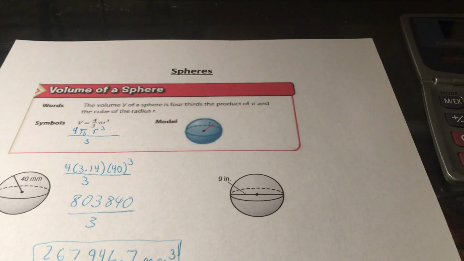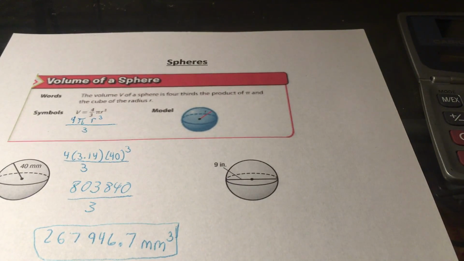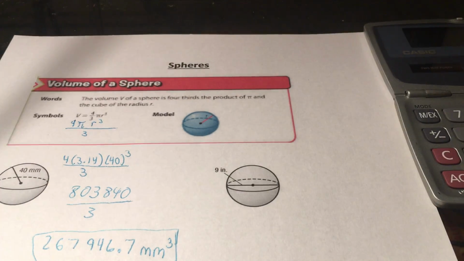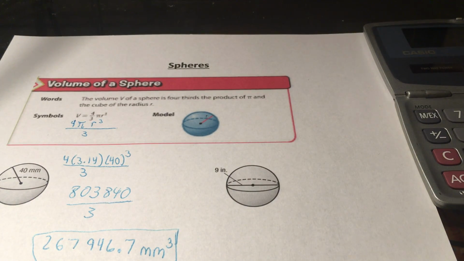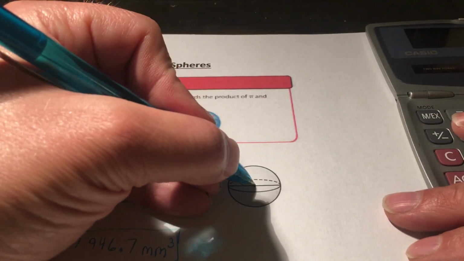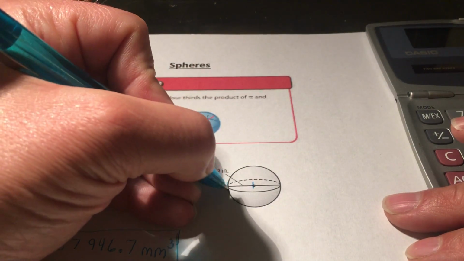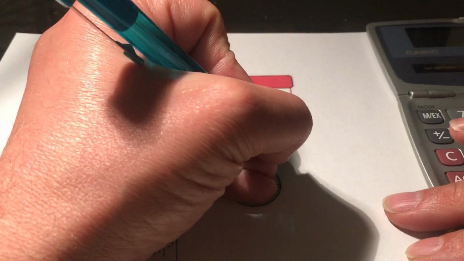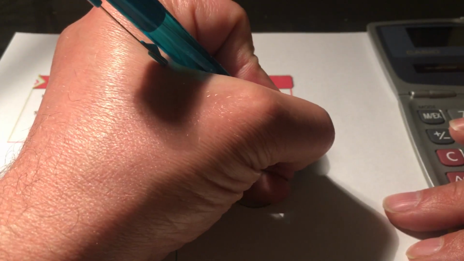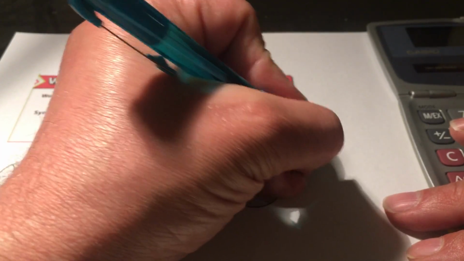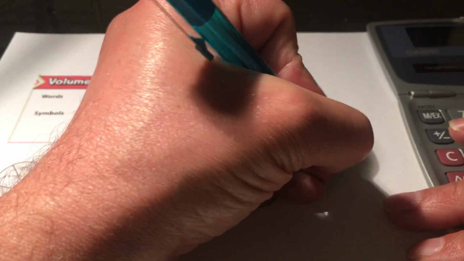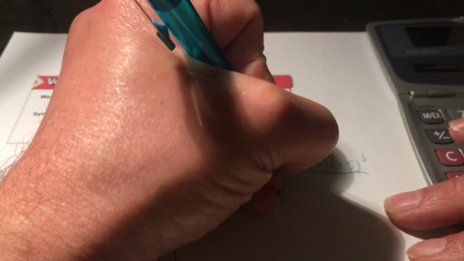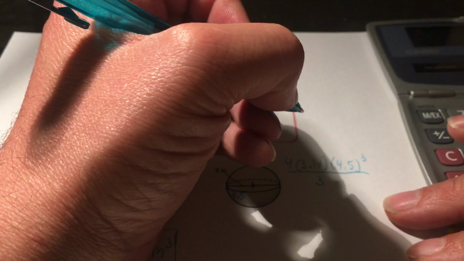Now coming over here to the next one. Here they gave me the diameter. The diameter is half, the diameter gives me this, I need half of it, which is the radius, which becomes 4.5. So I go 4 times the 3.14 times 4.5 now to the third power, all divided by 3.